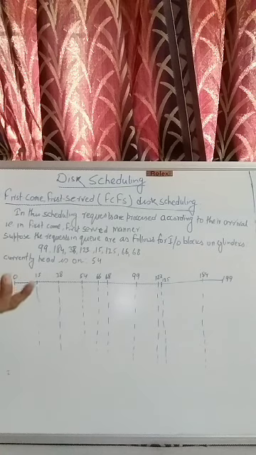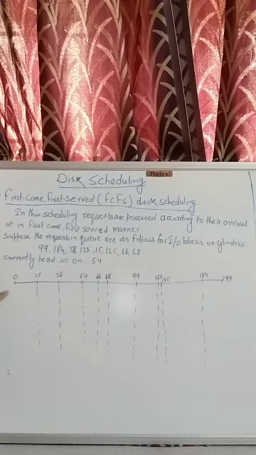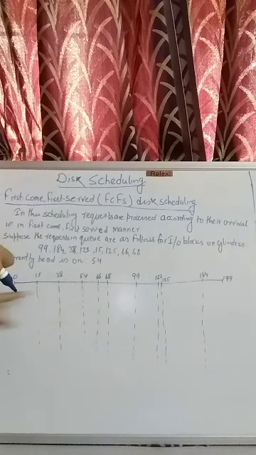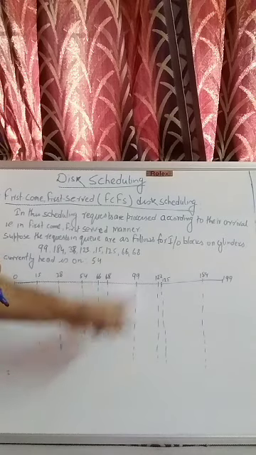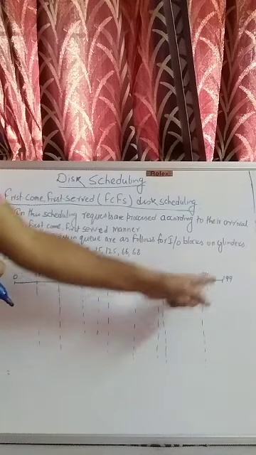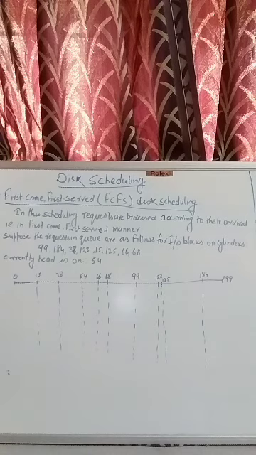As we know, the platter or cylinders are represented in a circular form, but to represent the disk movement we draw a straight line and we represent these numbers. This represents the disk cylinders accordingly.